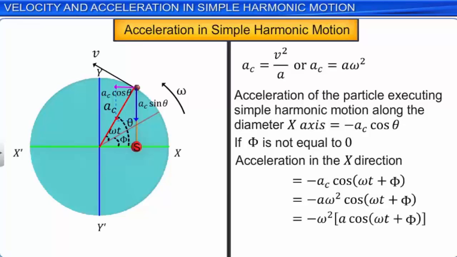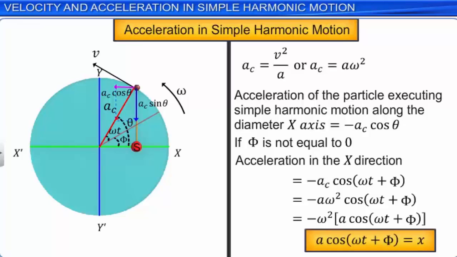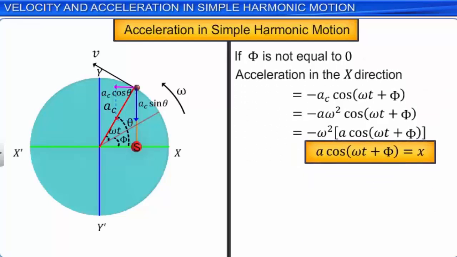The quantity a cos(omega t plus phi) is the displacement x of the particle executing simple harmonic motion. Hence, the acceleration of the particle can be written in terms of its displacement as minus omega square x.